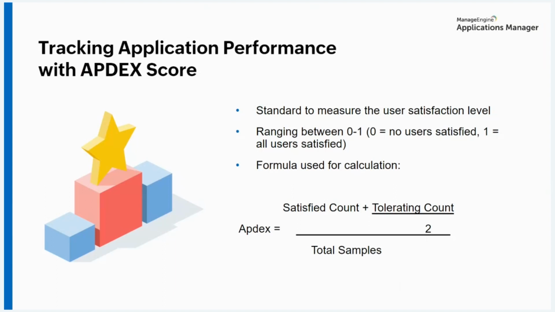So the Apdex scale ranges from 0 to 1, with 1 being the best score representing excellent user satisfaction. So the Apdex score is calculated as the sum of satisfied count added to half of tolerating count over the total samples collected on the user transaction in the application.